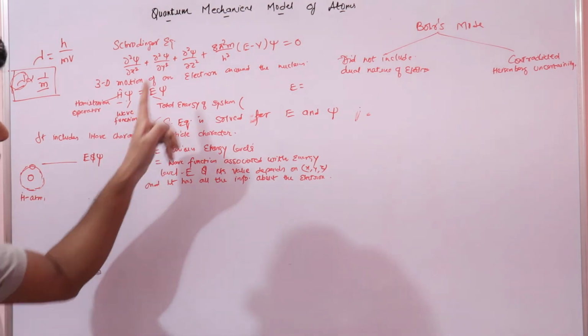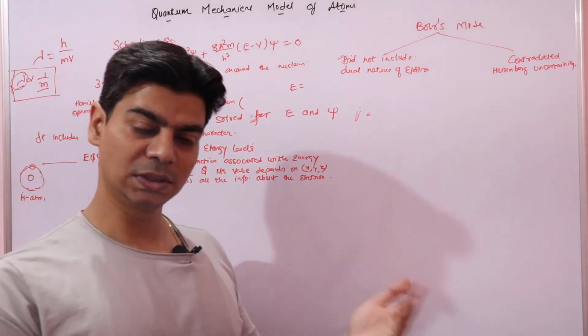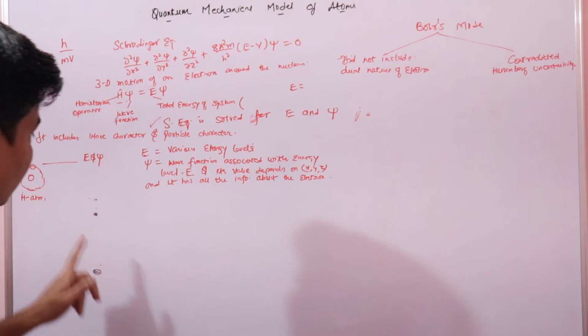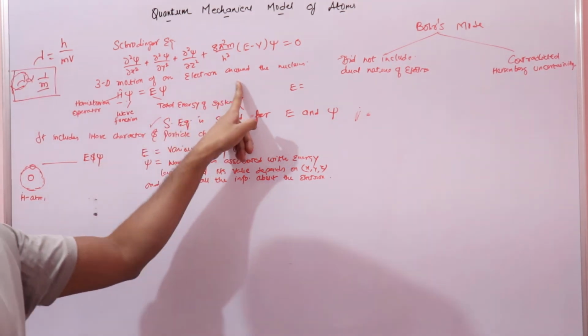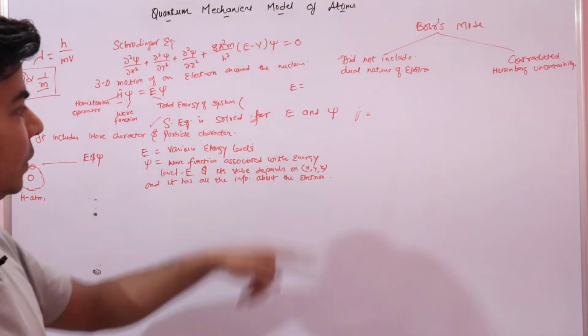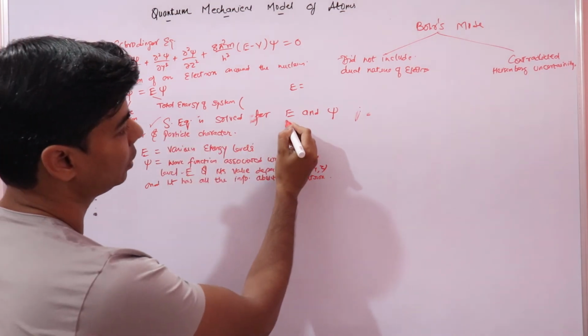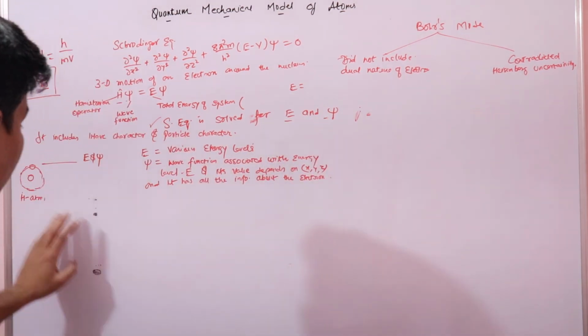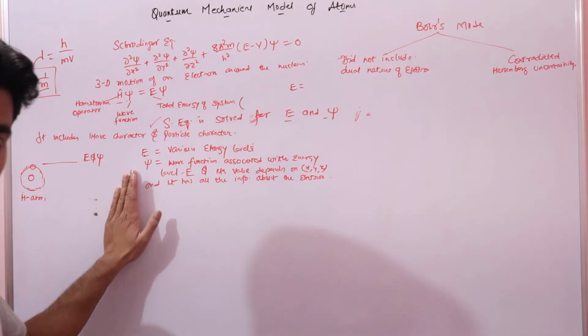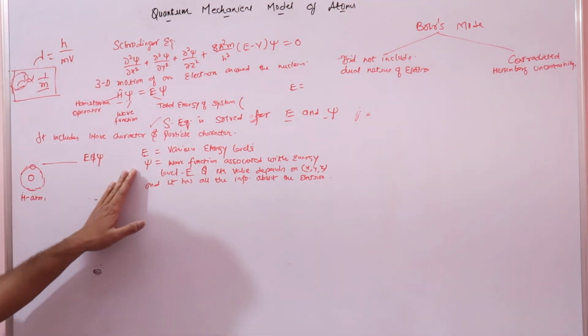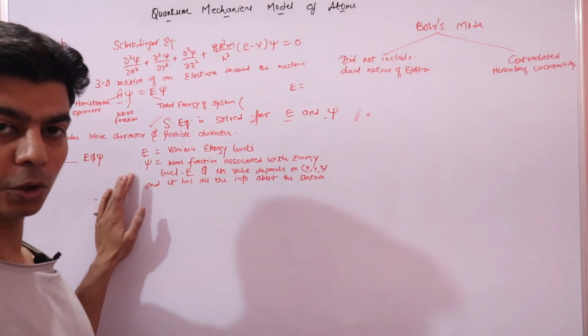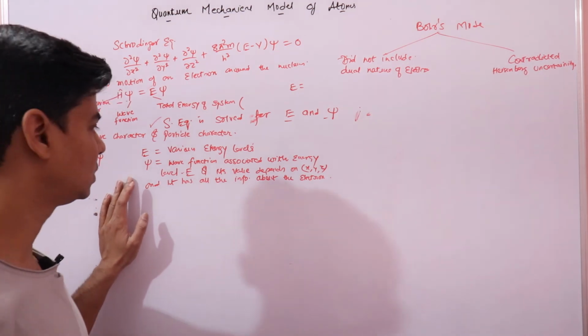Whenever we apply the Schrödinger equation to any atom, we solve it for E and psi, right? So when we solve for the hydrogen atom for E and psi, we will see what information it can give us for the structure of atom.